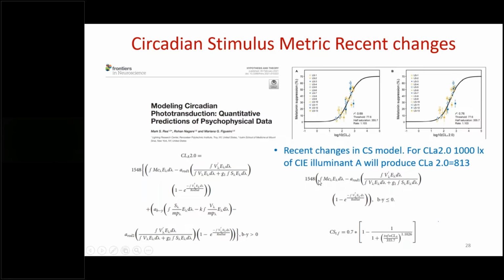M_C(lambda) is the action spectrum for melanopsin, and E(lambda) is the spectral power distribution. In this new model, they've added a few terms, so that's why the values are lower. CS is easily calculated from CLA by using this formula that takes into account the time and also the distribution of the light source.